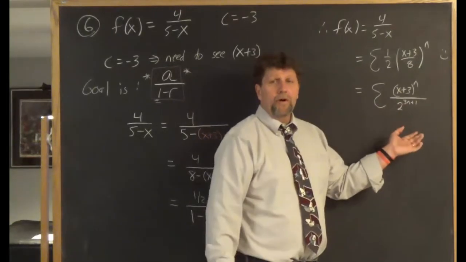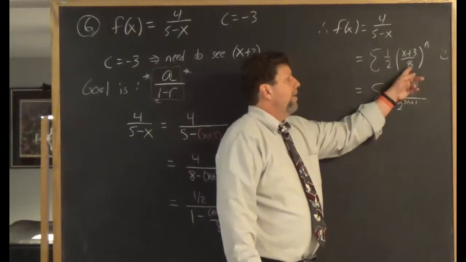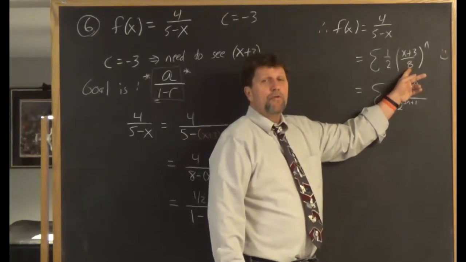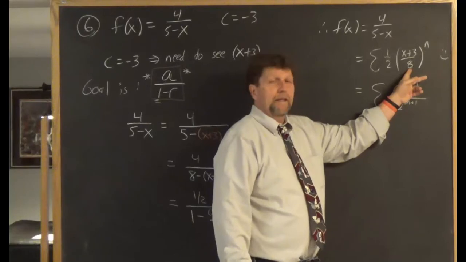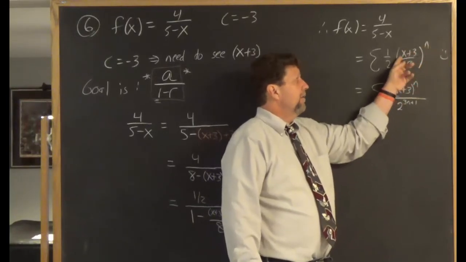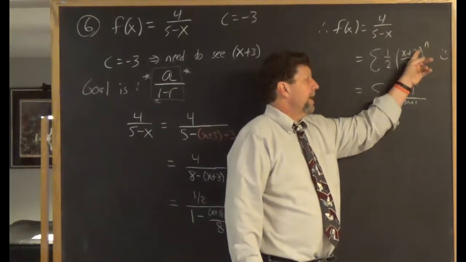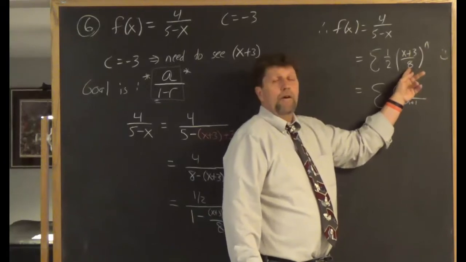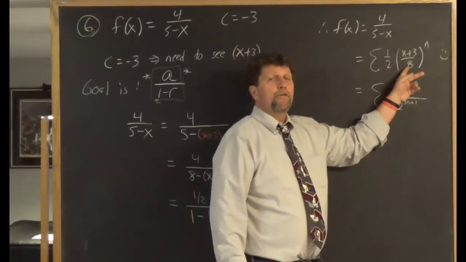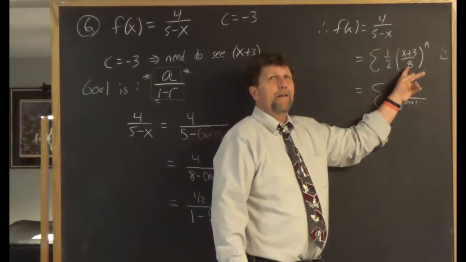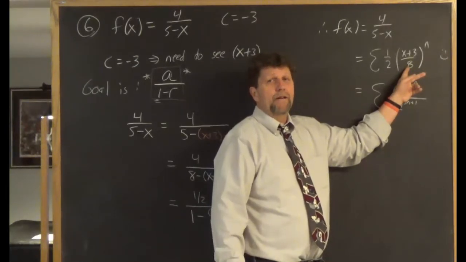It's like, where in the world did that come from? Well, keep in mind 8 is 2 cubed. And there's a property of exponents that says when you have a fraction to a power, it's numerator to that power over denominator to that power. So if 8 is 2 cubed to the n, that would be 2 to the 3n.